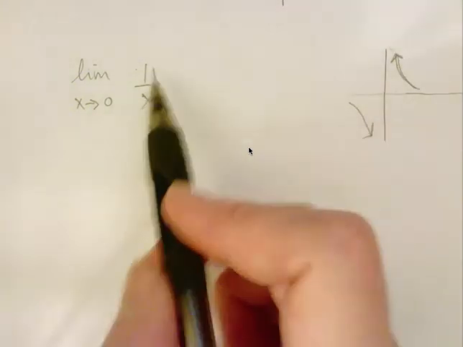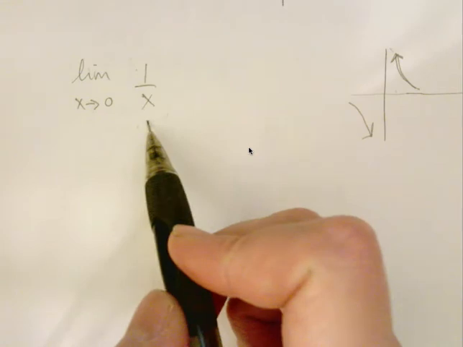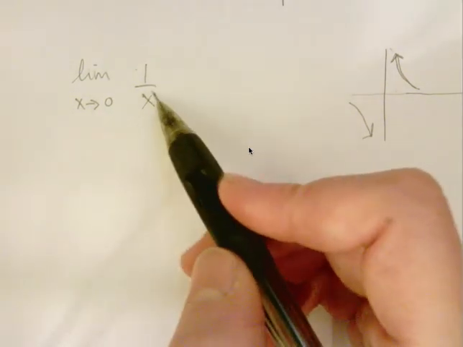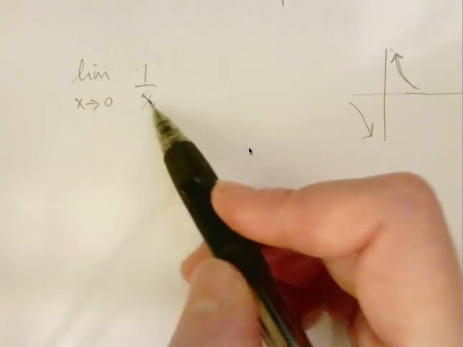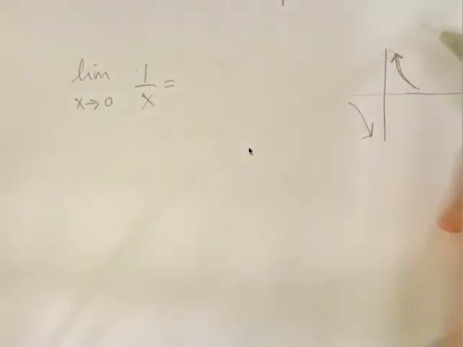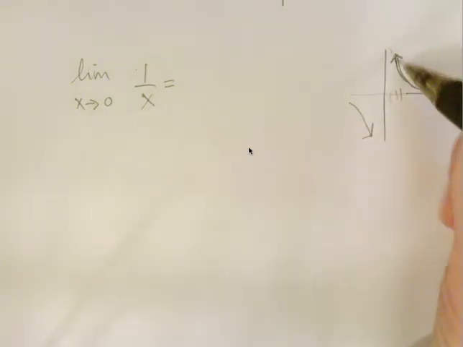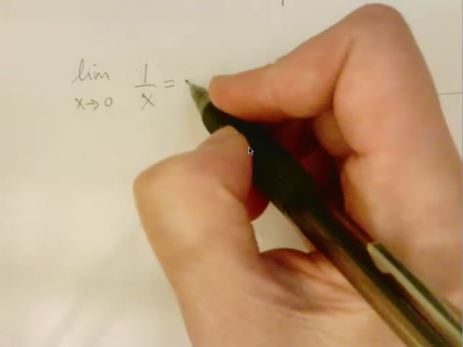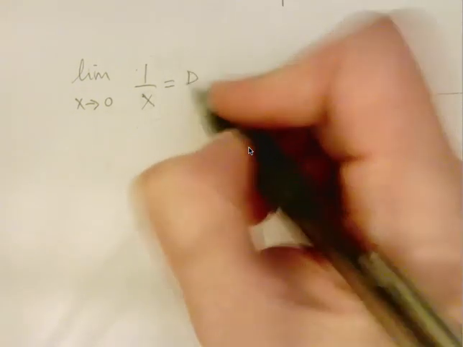And there's nothing I can do to this function algebraically to cancel the x in the denominator with something in the numerator. This limit clearly doesn't exist, because as I get close to 0, from the right, the function goes to infinity, from the left, negative infinity. So that equals does not exist.